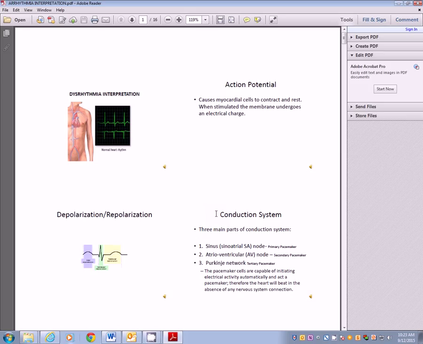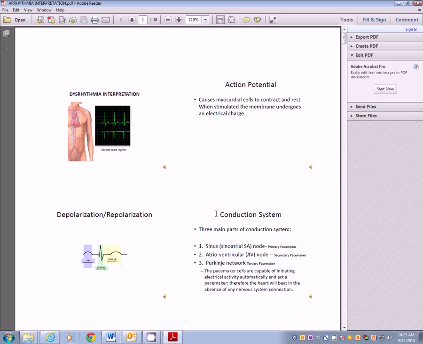Action potential causes cardiac muscles, we know, to contract and relax. And it does that because of certain electrolytes that are either on the intracellular part or the extracellular part that are responsible for what we call an action potential. If you'll remember, potassium's the major intracellular, sodium's on the outside, calcium is kind of like the gatekeeper.